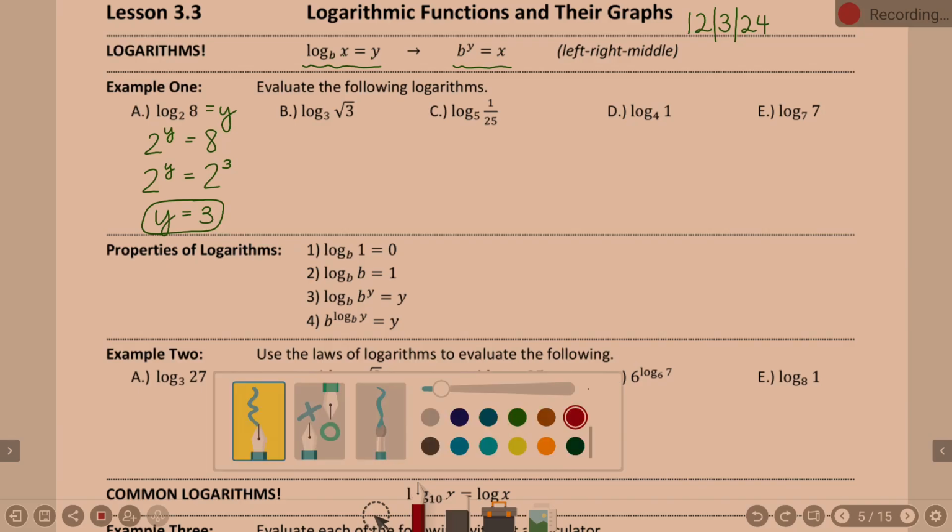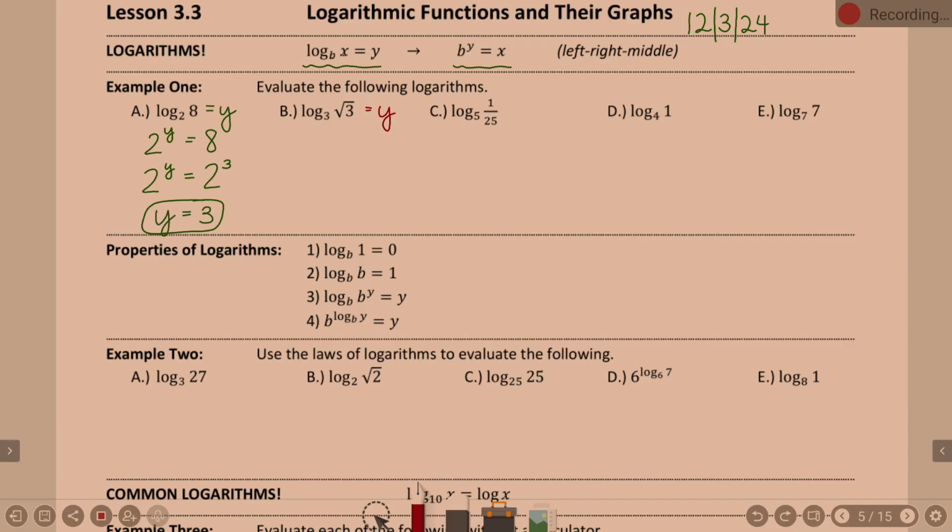Okay, B. Log base 3 of square root of 3. I want to know what that equals, so I'm going to set it equal to y. 3 to the y equals square root of 3. Okay. 3 to the y is equal to the square root of 3.